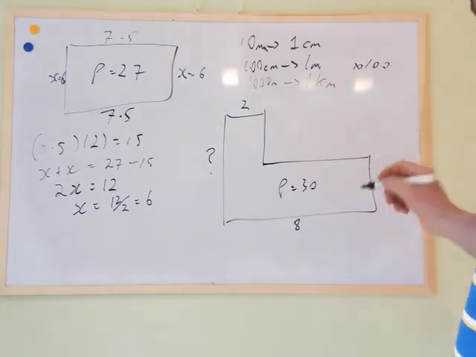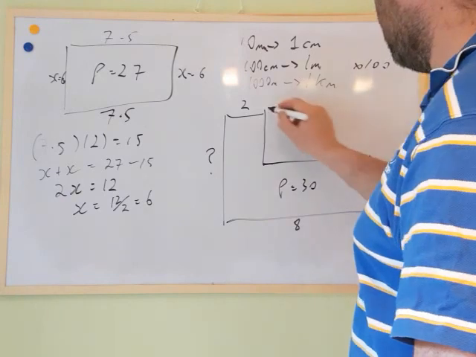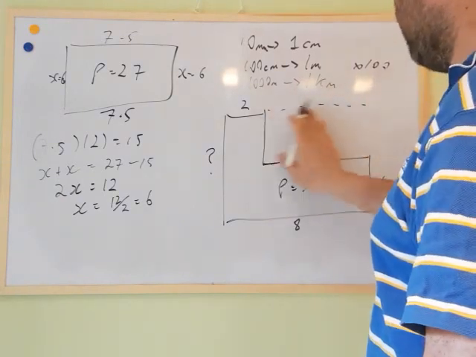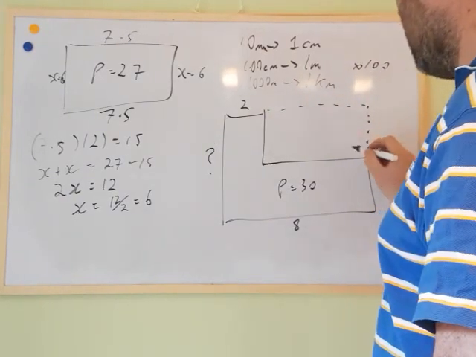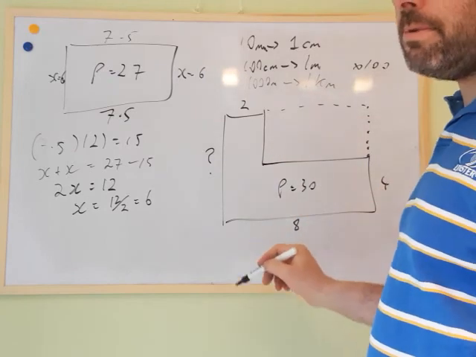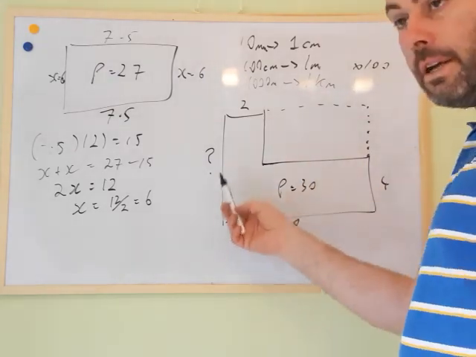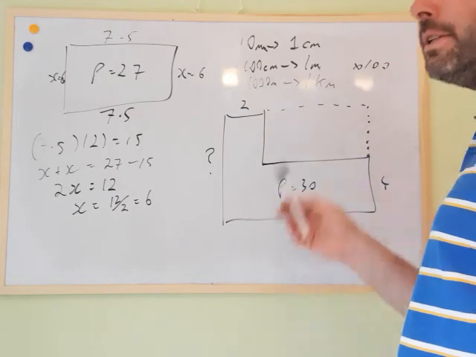Right. If I were to bring this line up to here, and if I were to bring this line across to here, I have the same boundary shape. Okay? Area is different. The perimeter, however, is no different.